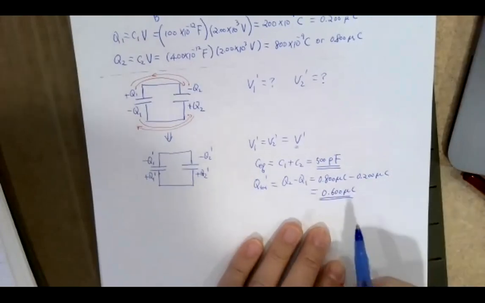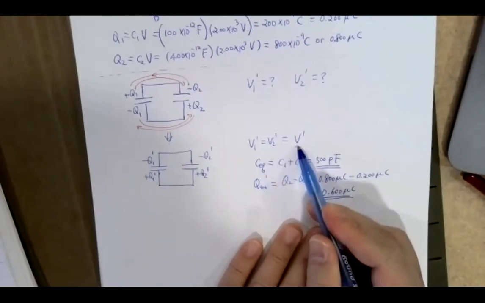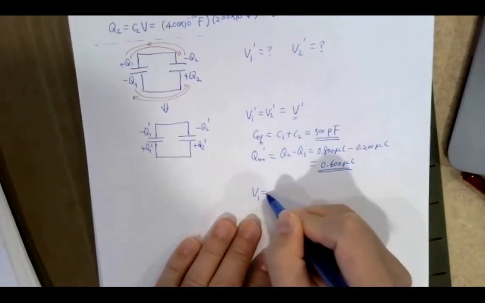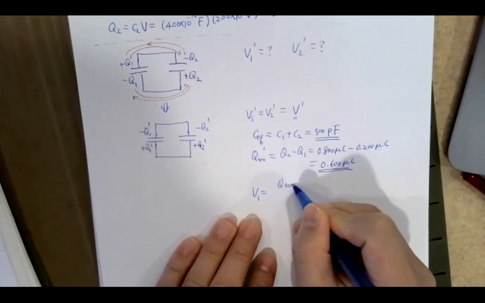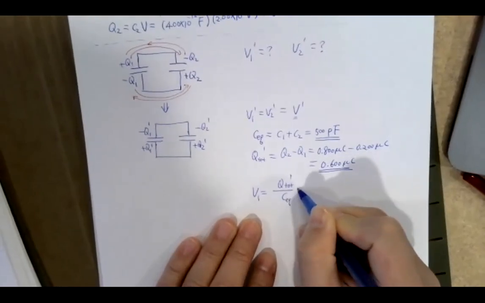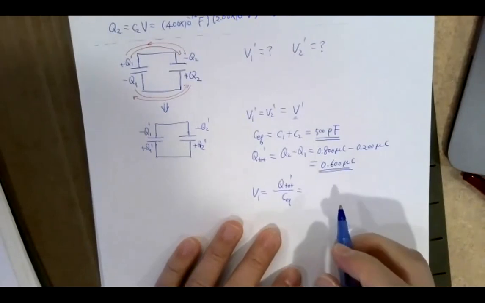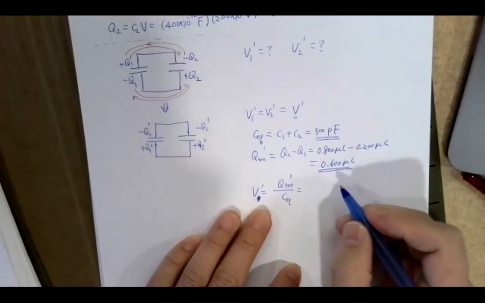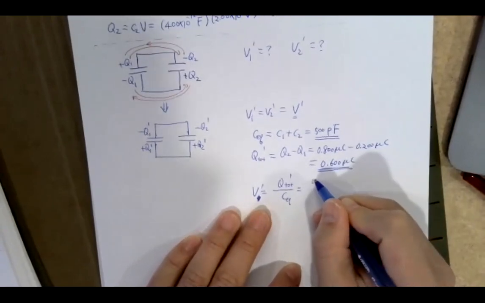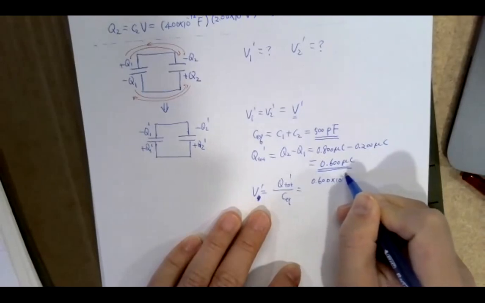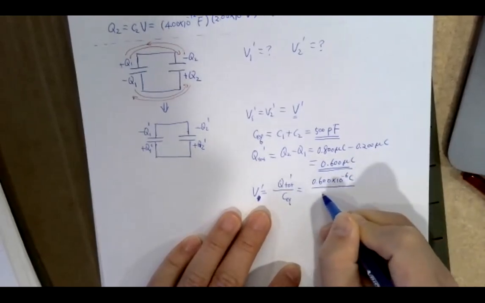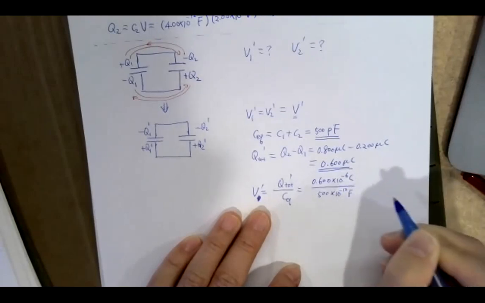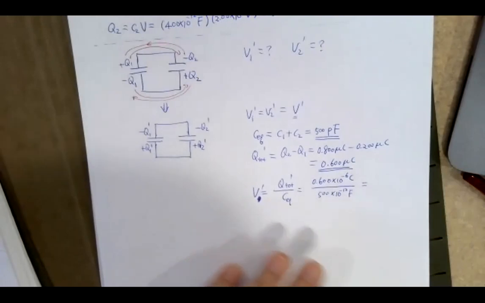Okay. So you have your Q total, you have this, then you can calculate for the voltage. So voltage should be equal to the Q total prime over C equivalent. We are looking for V prime. So 0.6 times 10 to the minus 6 coulombs over C equivalent of 500 picofarad, times 10 to the minus 12.